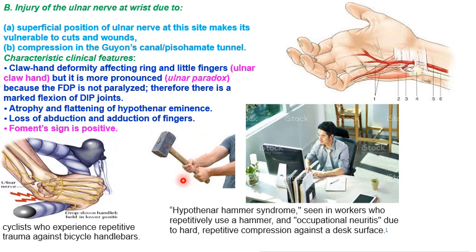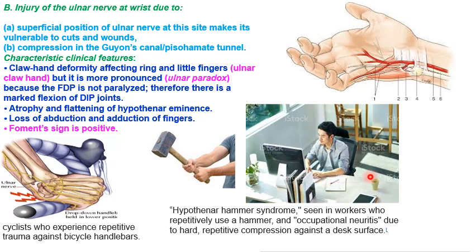It is also seen in workers who work with a very huge hammer, which is called hypothenar hammer syndrome, where you can see here the handle of the hammer, which is held against the hypothenar eminence for a longer time, compresses the hypothenar eminence, in turn the ulnar nerve.